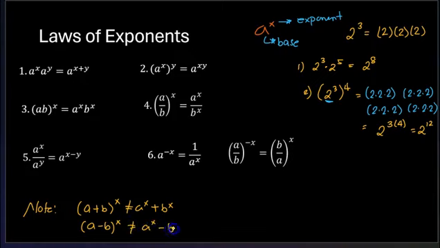And you cannot also do this over subtraction. So these are some of the common mistakes that people make, since they saw number 3 and number 4, right? You can apply that also over division. So for example, let's say 2 times 3 raised to 5.